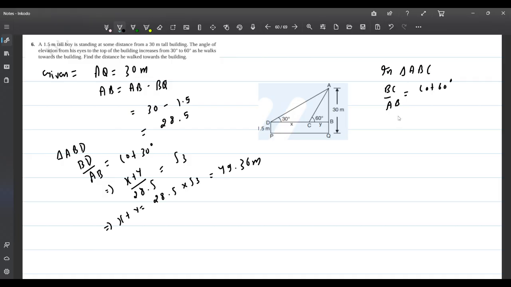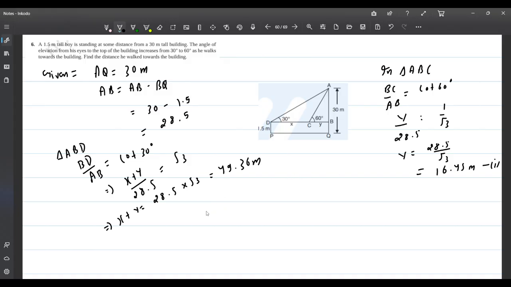So this is equal to y upon 28.5, and this is equal to 1 upon root 3. So y is equal to 28.5 upon root 3. So this is equal to 16.45 meter. So this is equation first.